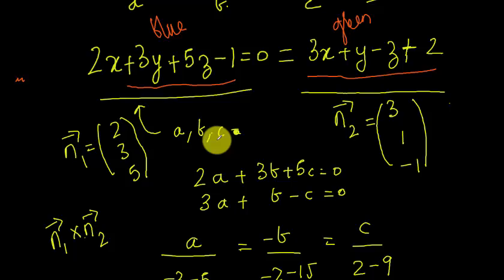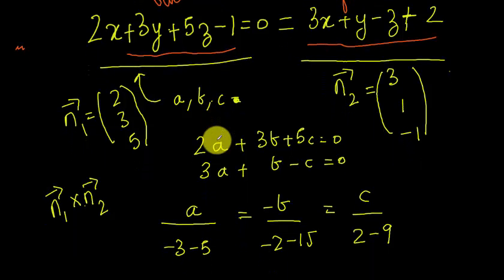Okay, so there are 2 different ways of identifying the DRs of that. One is just taking the cross product. The other is to take A, B, and C as the DRs of the required line. Because the DRs of the required line are perpendicular to both this vector and that vector, I can take the dot product of this with this vector, which is 2A plus 3B plus 5C, equal to 0, and that's going to be equal to 0 again.